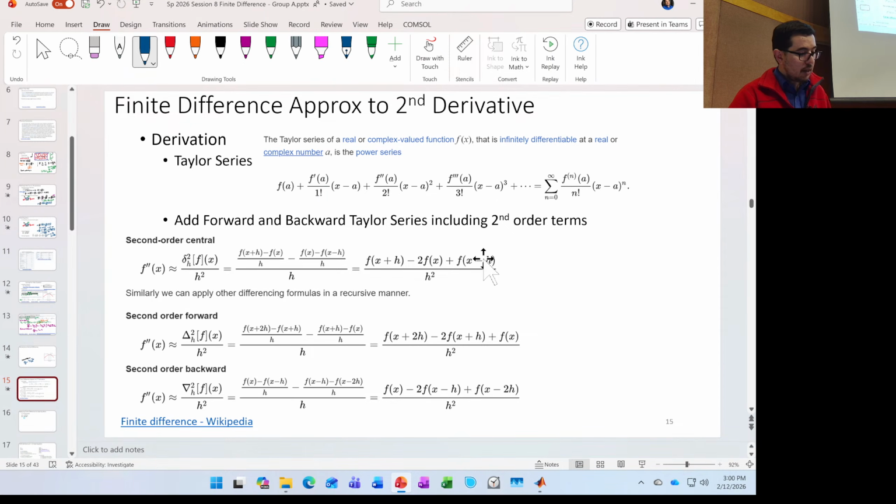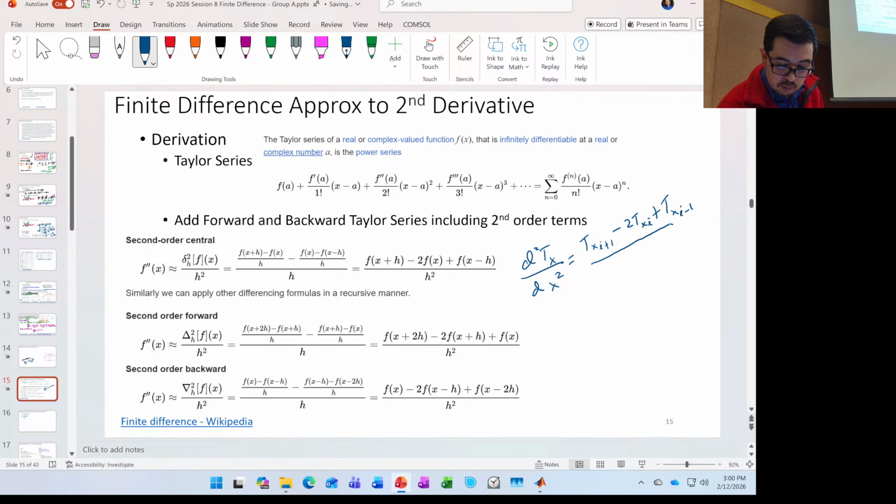So in that case, the second order centered expression looks like this.